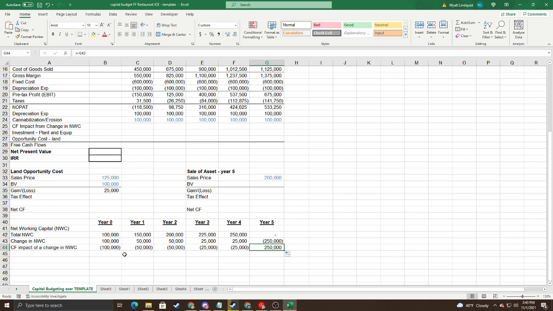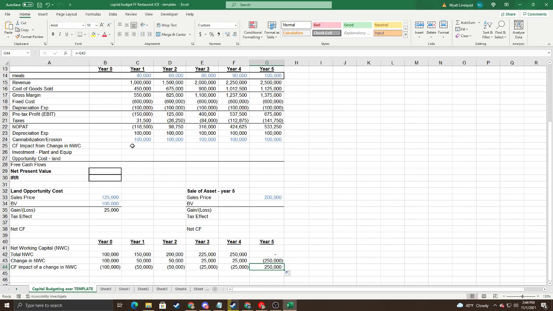If we have $100,000 more stored away in inventory, for example, then we'll have $100,000 less in cash. And then at the very end of the project, we'll need to store no more stuff, and so it'll all come back to us as cash. Because our inventory will go away, we get the whole $250,000 back in cash.